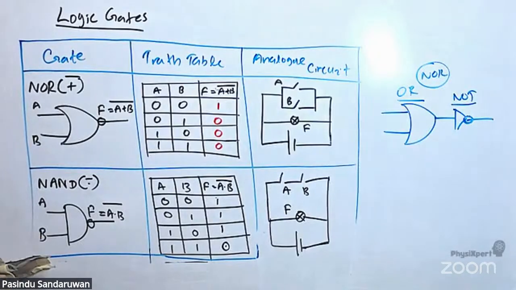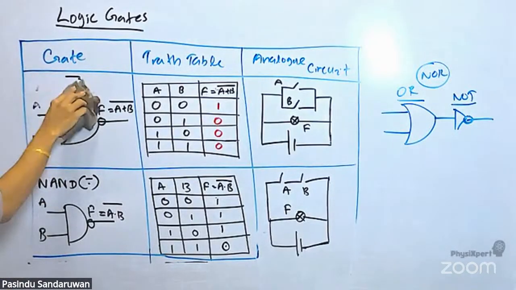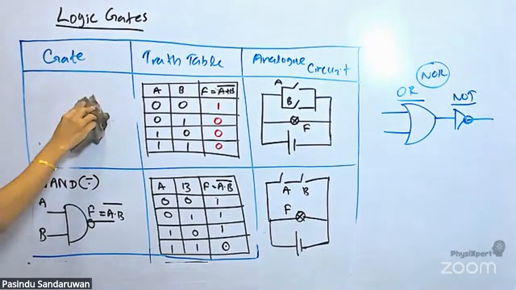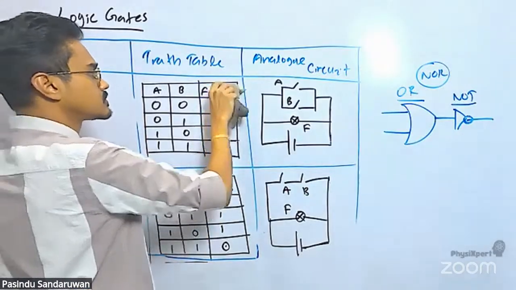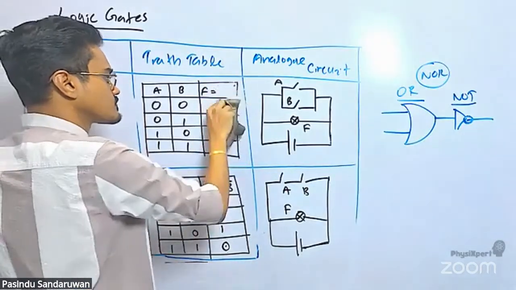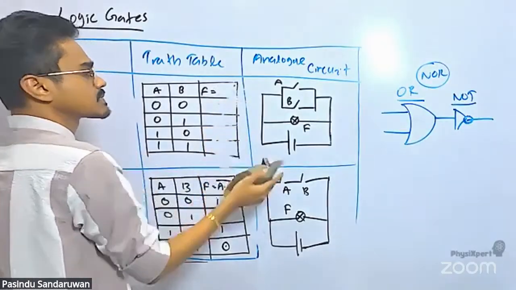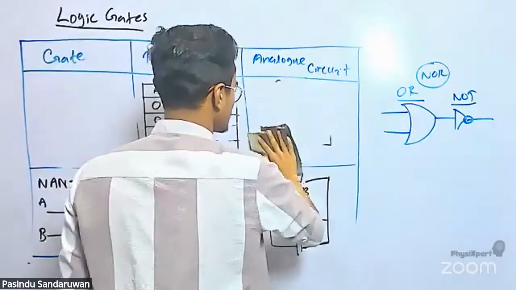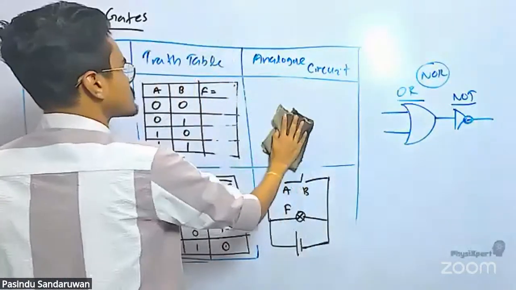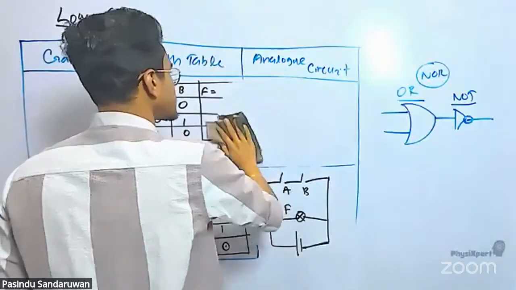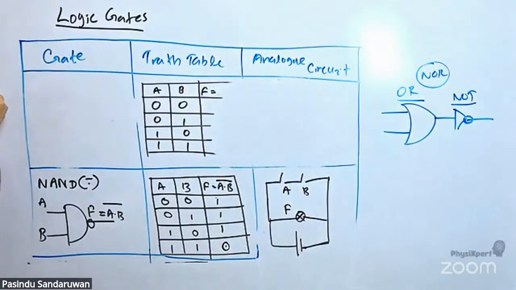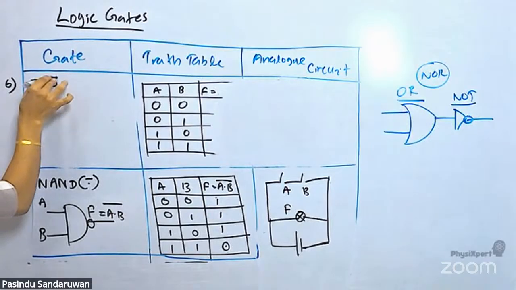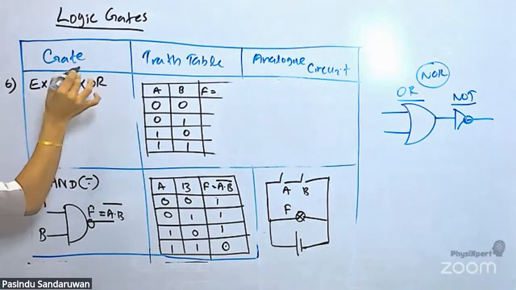Number 6, right? That is called XO, EXOR, or that is also written as XOR, right?